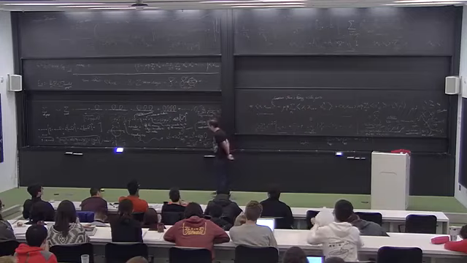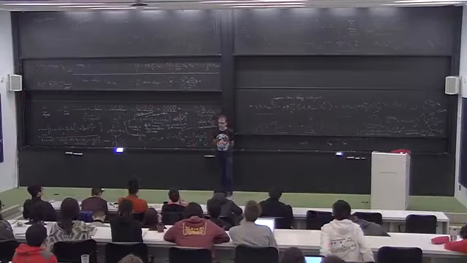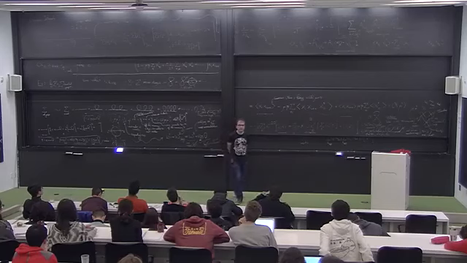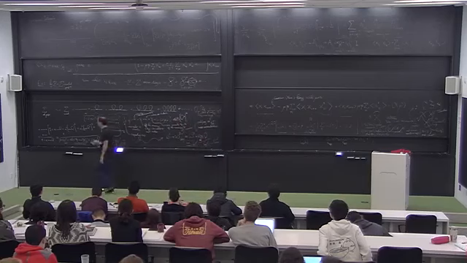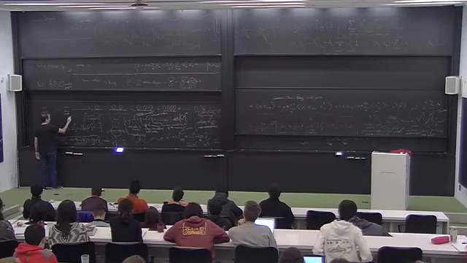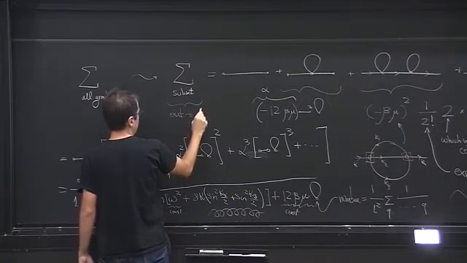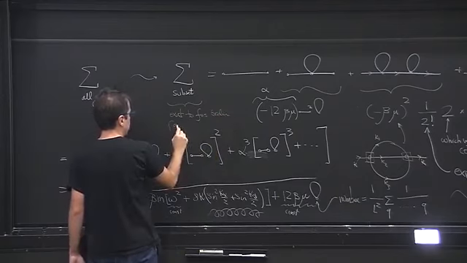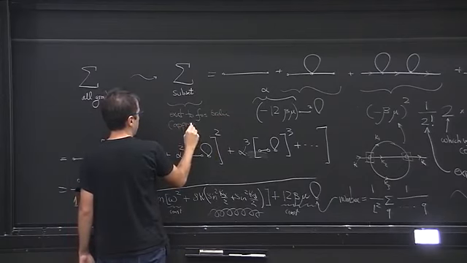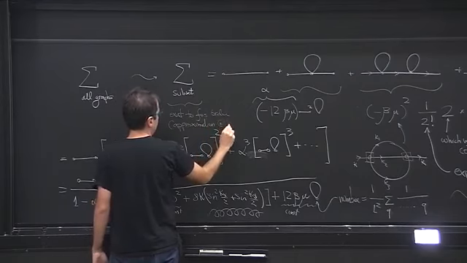Up to order mu, this is exact. The propagator is perfectly equal to this to order mu. So what we are doing here is exact to first order. But it's an approximation at higher orders.